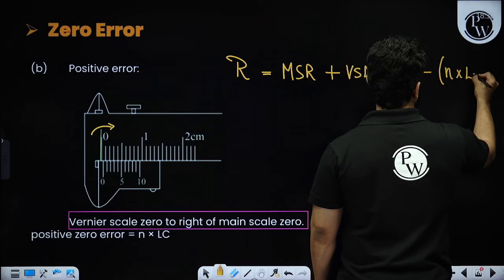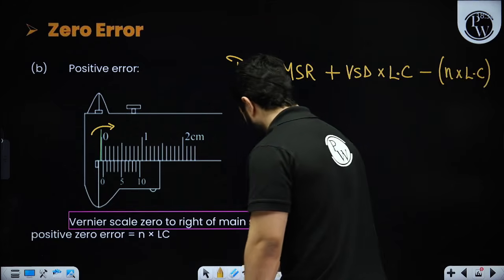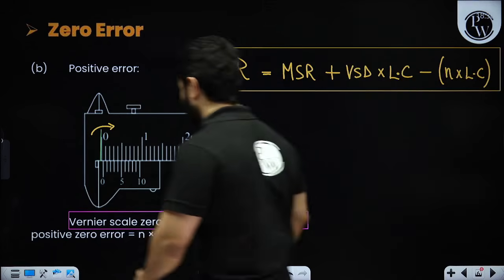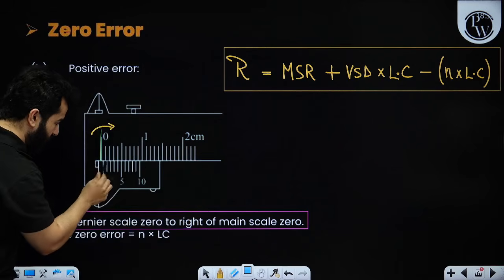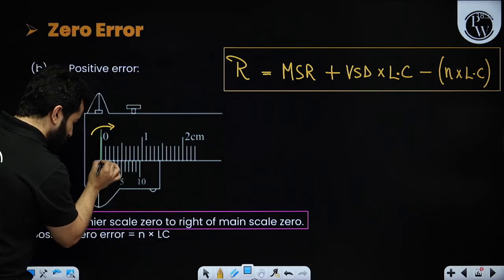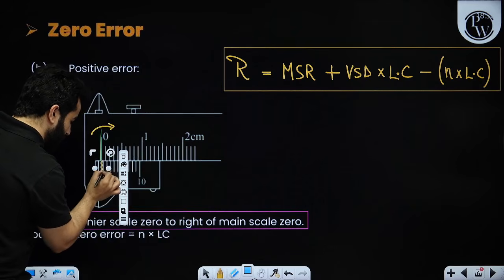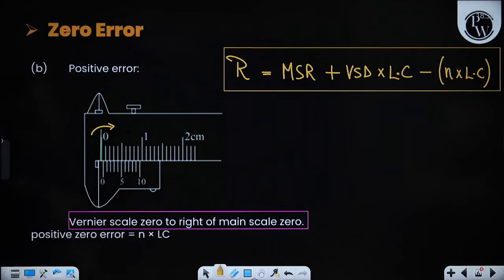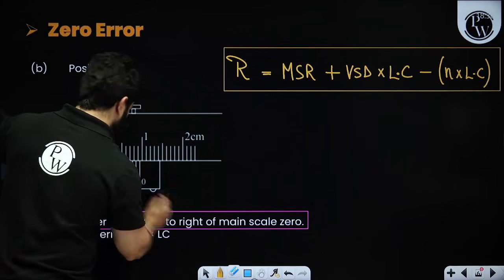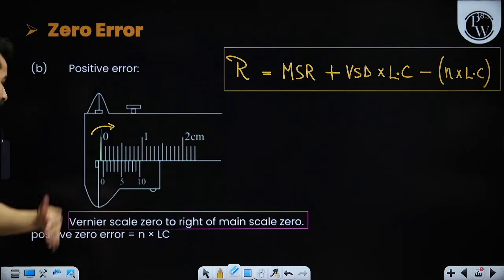And here n is the division of the Vernier caliper which is actually coinciding with this thing, right, which is coinciding with this value. This is your zero error, wherever it is coinciding.